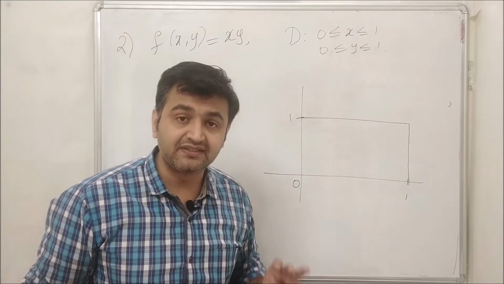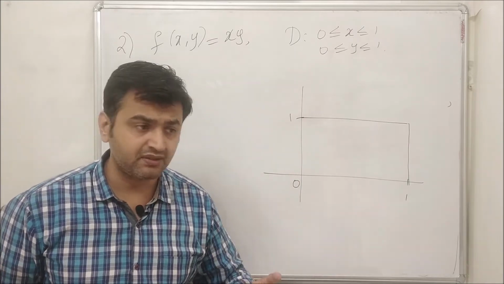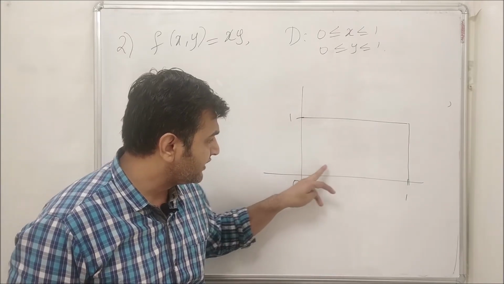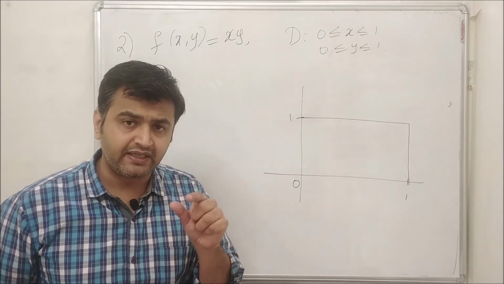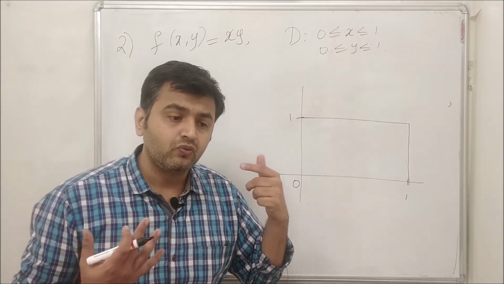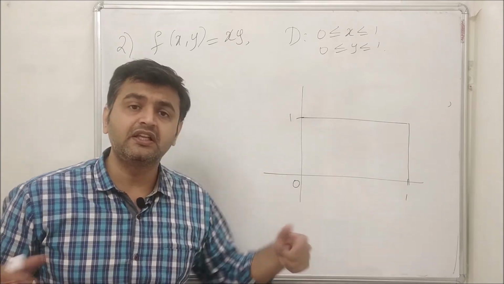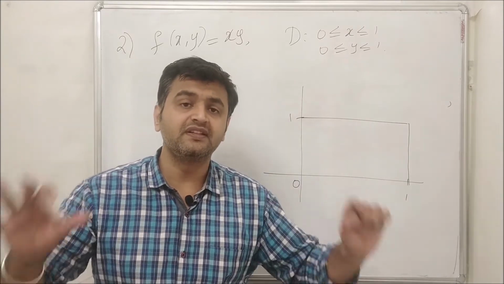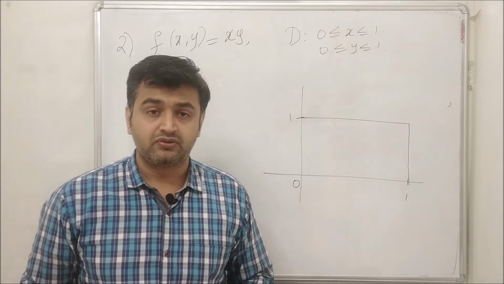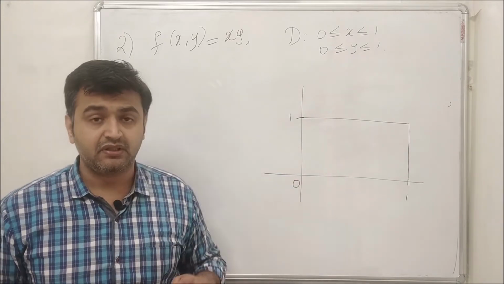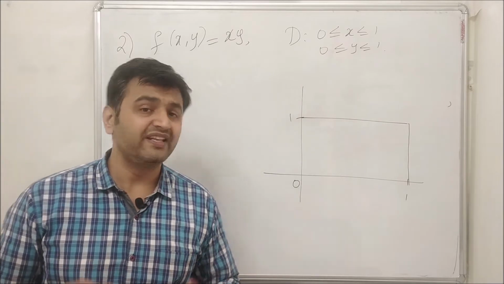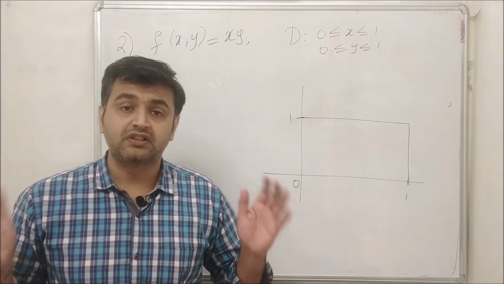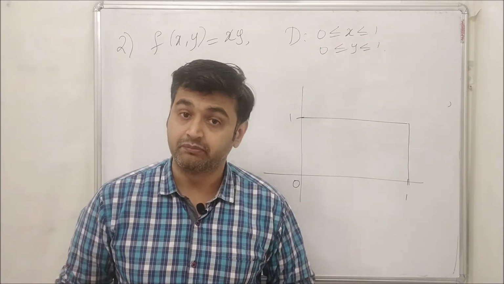You take any Riemann sum, you take lower sum, upper sum, or the Riemann sum with the help of the midpoints, or any random point in that sub-rectangle, and then you take the limit n going to infinity. You always get the same answer. So therefore, whenever the function is integrable, the limit of lower sum, limit of upper sum, limit of any arbitrary sum will always converge towards the same number.